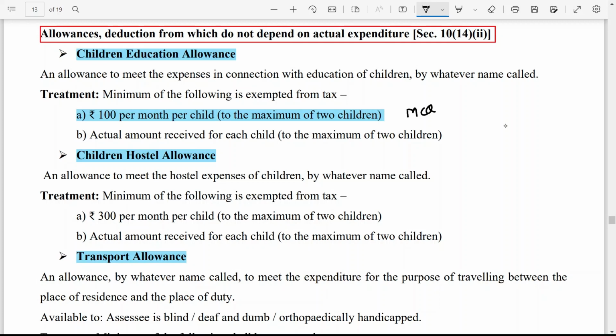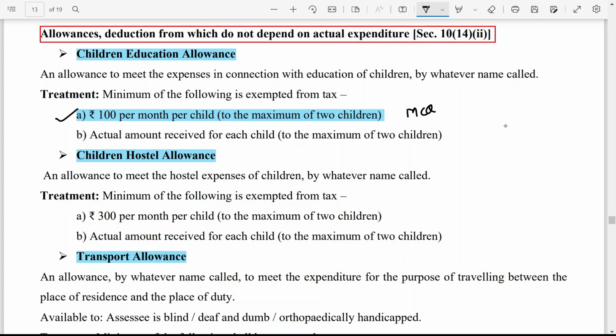Now, the actual amount received for each child to the maximum of two children. So, what actual amount he has received, and this is the fixed limit set by the government. So, from these two, whichever is lower will become the exempted amount, and the balance is taxable. Balance, if any, if it is positive, then it is taxable. Now, the same is the case for children hostel allowance.